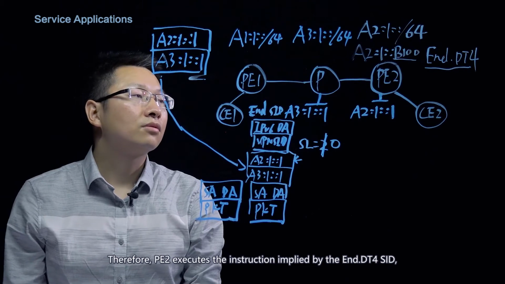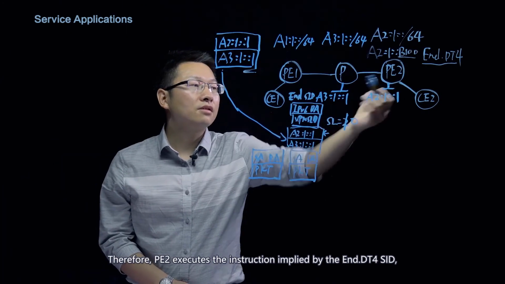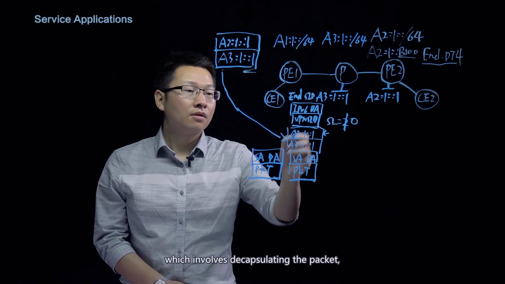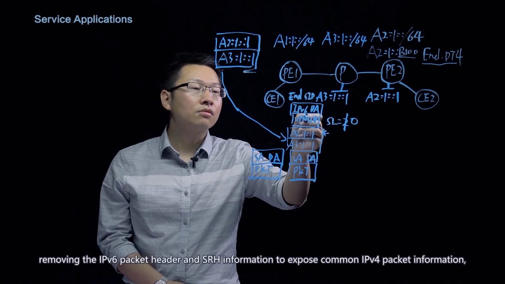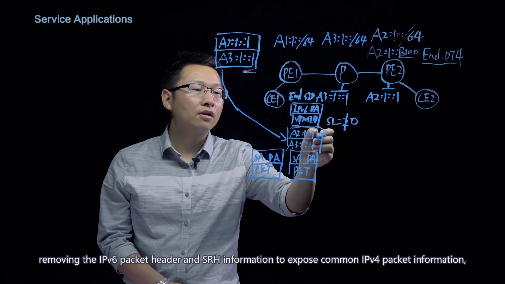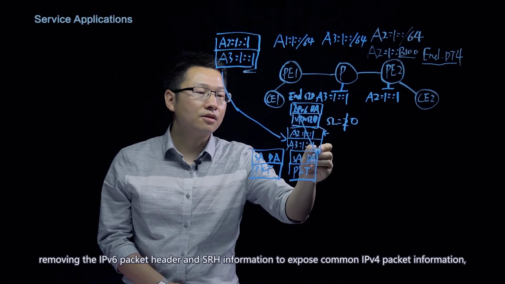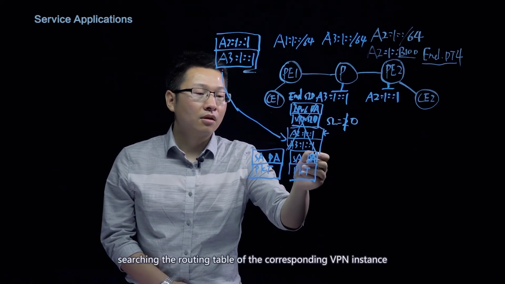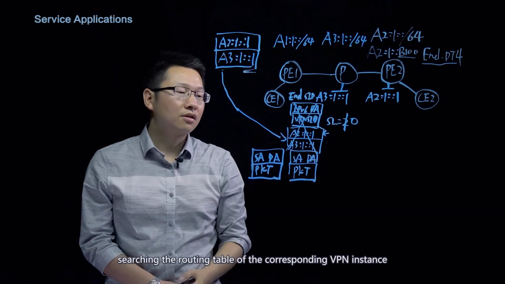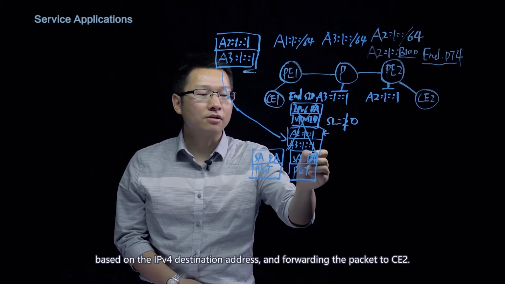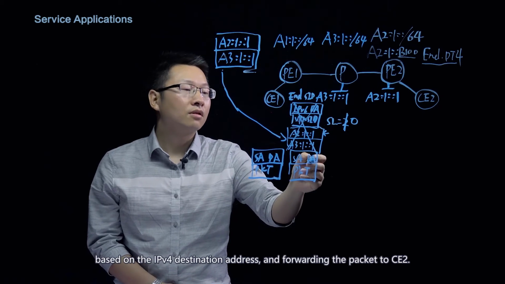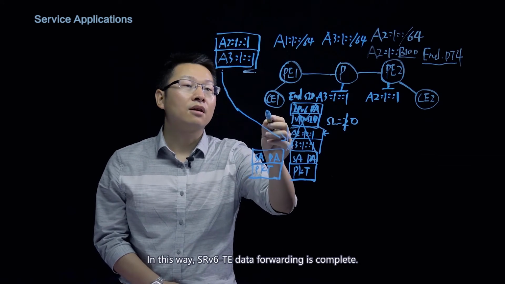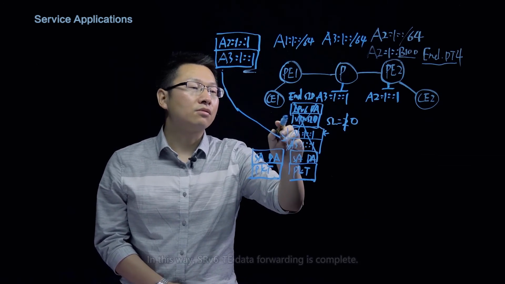Therefore, PE2 executes the instruction implied by the End.DT4 SID, which involves decapsulating the packet, removing the IPv6 packet header and SRH information to expose common IPv4 packet information, searching the routing table of the corresponding VPN instance based on the IPv4 destination address, and forwarding the packet to CE2. In this way, SRv6 data forwarding is complete.